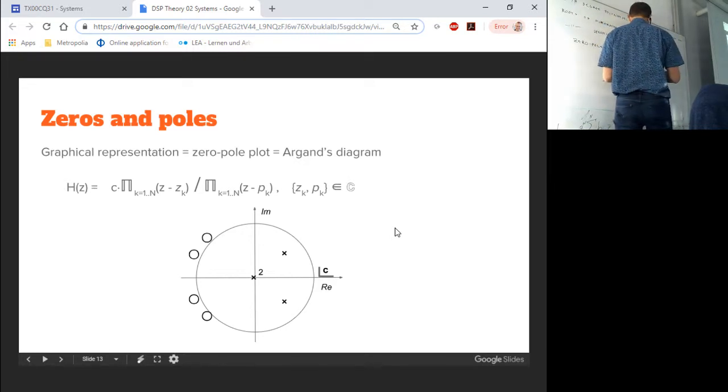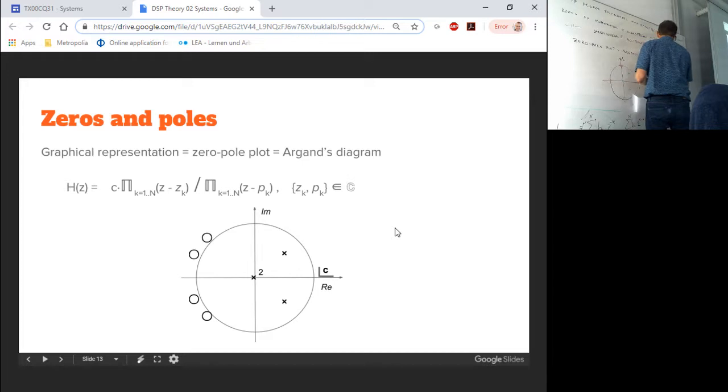So if all poles are inside of unit circle, then the system is stable.